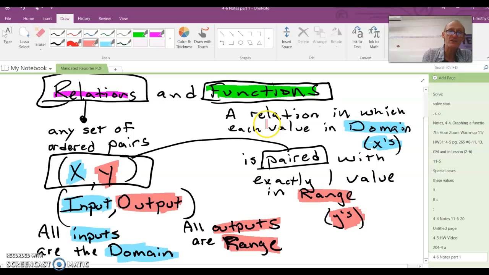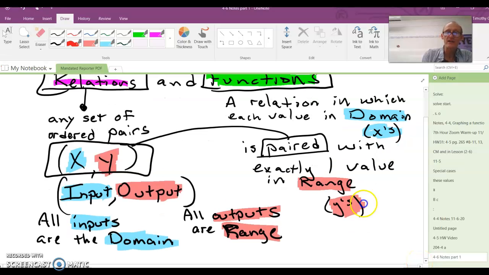A relation is any set of ordered pairs, like x and y. The x's are the inputs, the y's are the outputs. The set of inputs is the domain, and the set of outputs is the range. A function is a relation in which each value in the domain is paired with exactly one value in the range, or the y's.